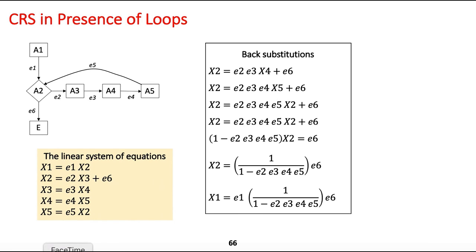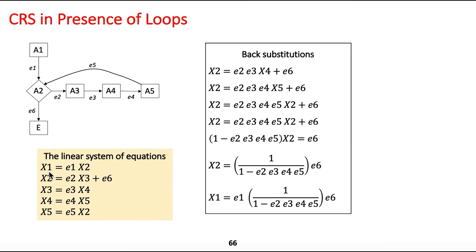So imagine we have program statements A1, A2, A3, A4, A5. We start at A1. At A2 we enter a loop. The loop is A2, A3, A4, A5. The loop iterates 0 or more times, and then eventually we exit from A2 to the end of the program.